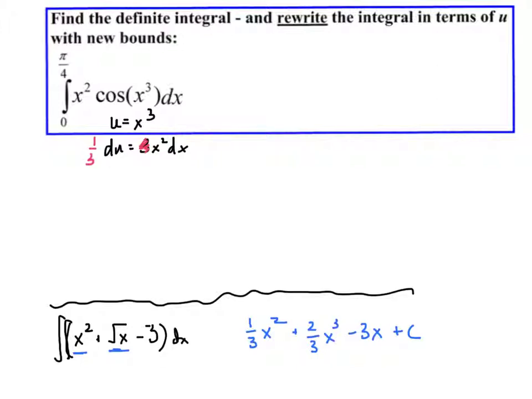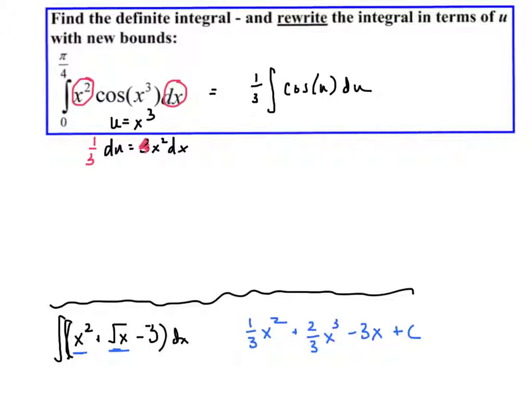And what you see now is that I'm going to be able to replace the x squared and dx with a 1/3 du, and I'm just going to have, I'll put the 1/3 out front, the cosine of u du. And I took away the product. So now it's just a nice, easy antiderivative.